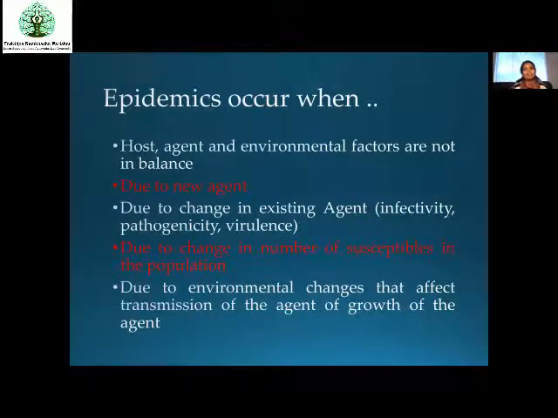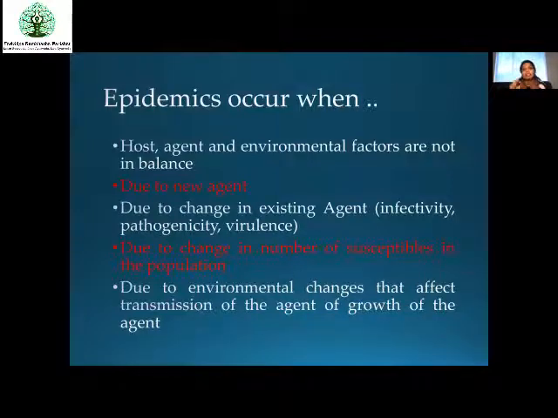So what we try to do here is we always try to maintain the balance in the triad. The agent can stay safe and sound in its own environment, never enter inside a host, interact with the host in a way which can cause the disease.